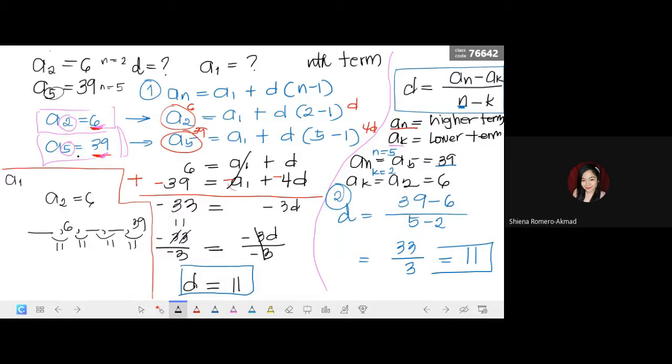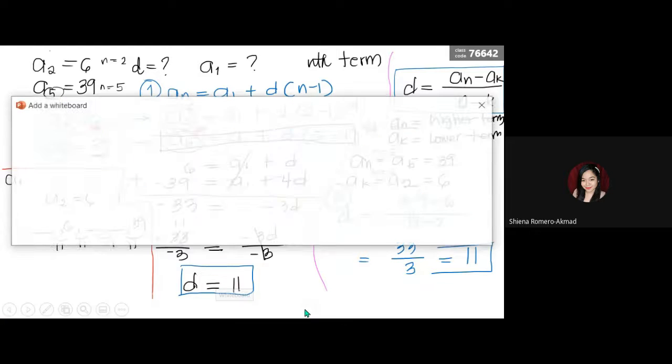Pero paano kung hindi A sub 2 yung binigay? So, ang gagawin ninyo is you will use one of this. Okay, balik pa rin tayo dito. Wala siyang shortcut dito. So, let's say A sub 5. Pili kayo dyan ng kahit alin dyan. Ako, pinili ko A sub 5. Ay, sa A sub 2 na lang para mas madali.